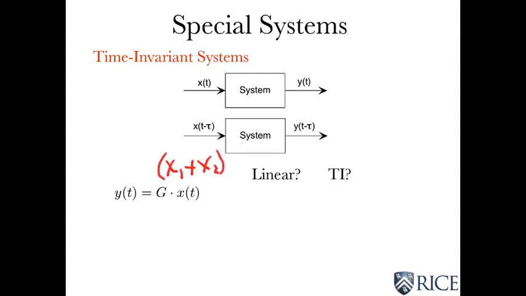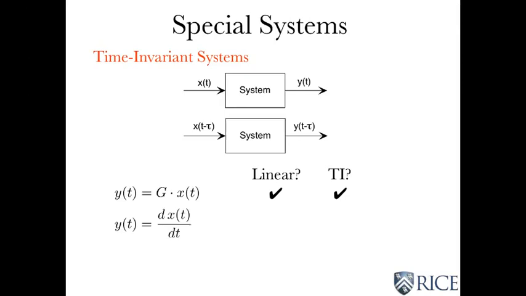I certainly do. It's linear. Is it time invariant? Well, I think it's pretty obvious that it is. If I just change t to t minus tau, what I get is the previous expression for y if I stick in t minus tau there. So this is linear and time invariant. No problem with that.